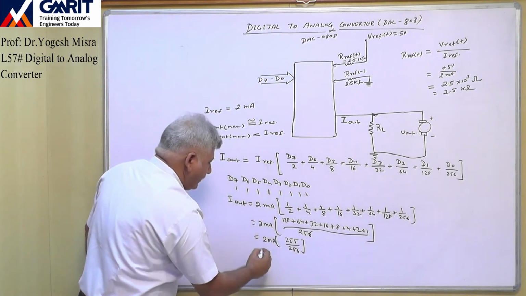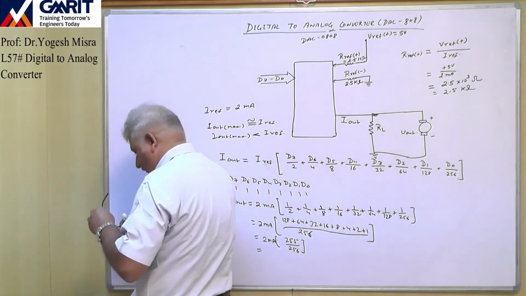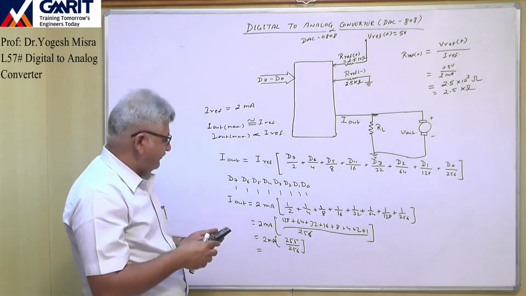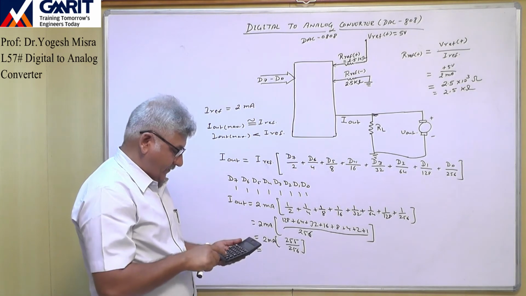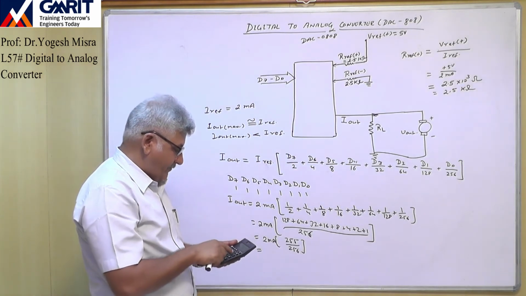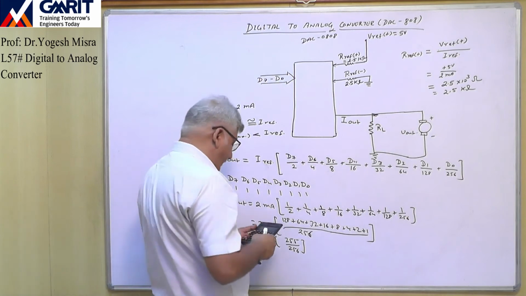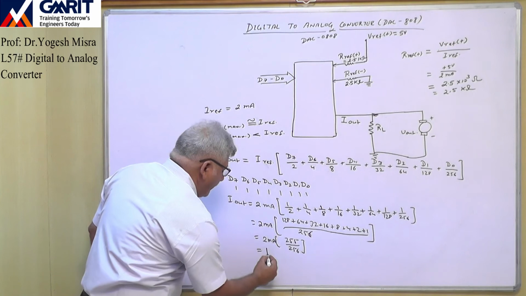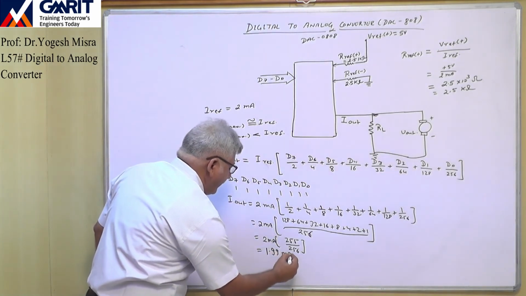and we calculate this. 255 divided by 256 multiplied by 2 is 1.99. So this is 1.99 milliampere.